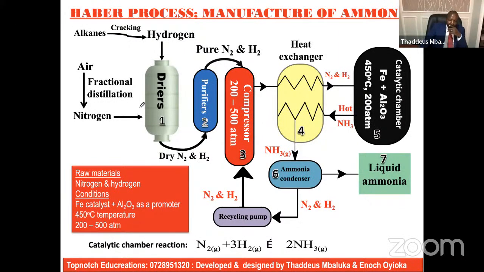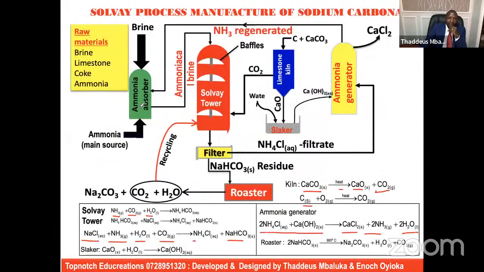So now, in the Haber process, that is manufacture of ammonia, I'm looking at hydrogen. The reagents required are nitrogen and hydrogen. The examiner will ask you what the sources of hydrogen are: you have the cracking of hydrocarbons.